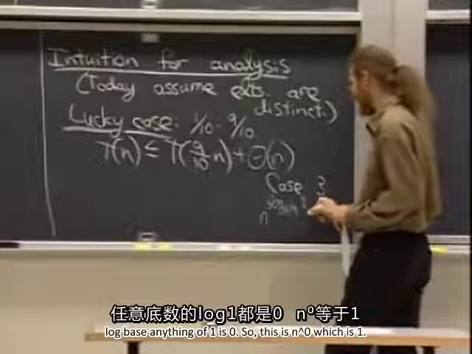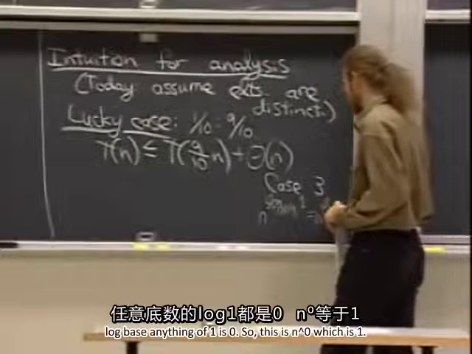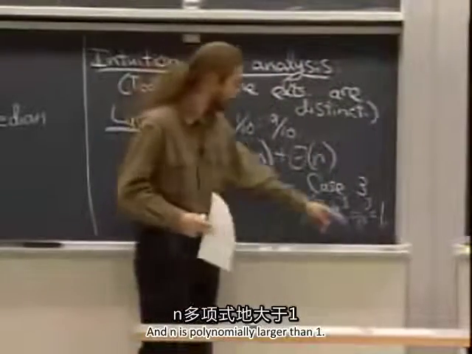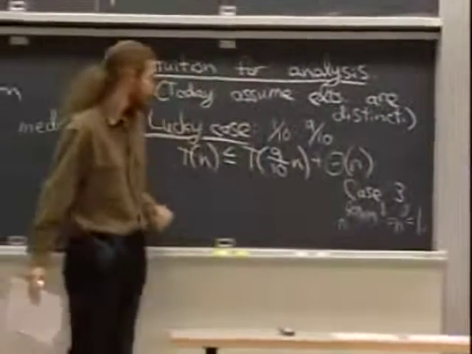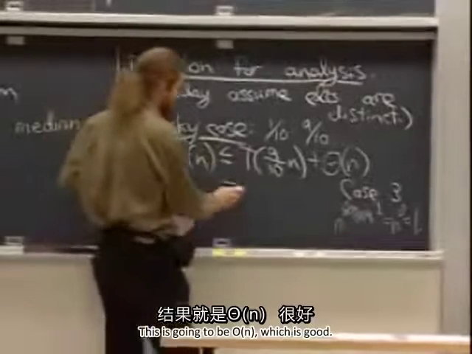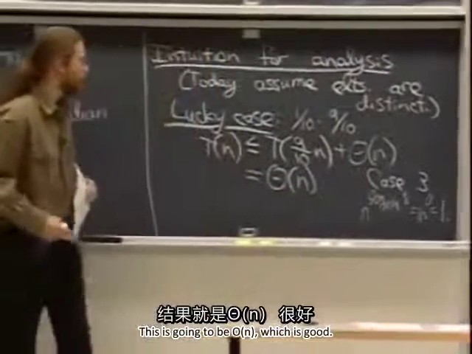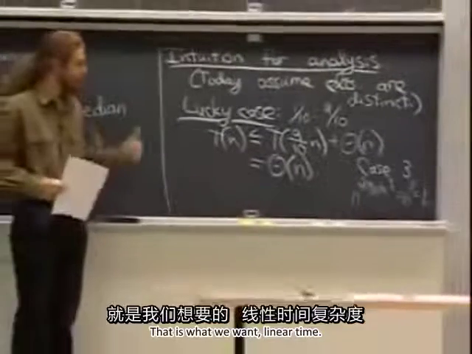Log base anything of 1 is 0. So this is n to the 0, which is 1. And n is polynomially larger than 1. So this is going to be order n. Which is good. That's what we want, linear time.